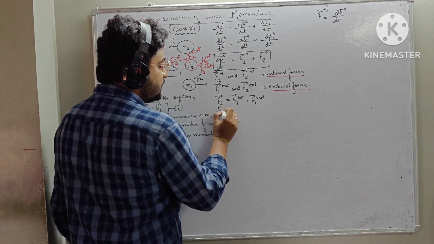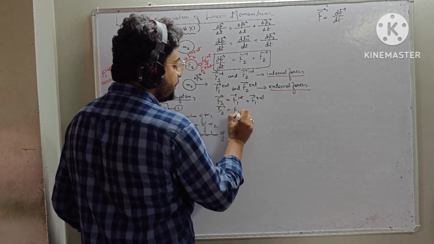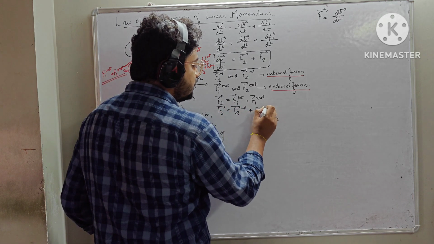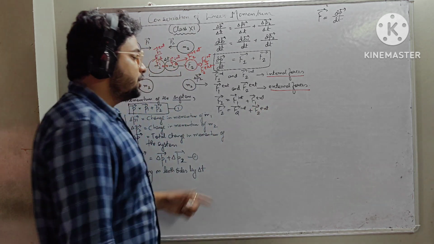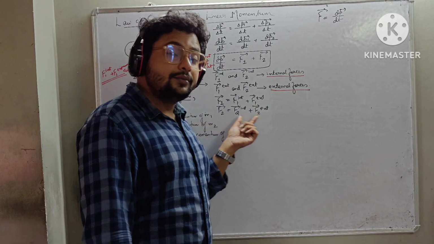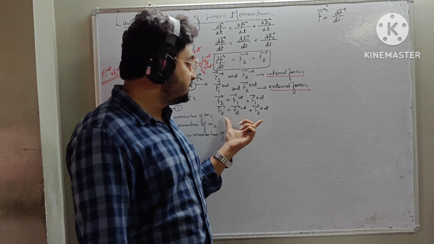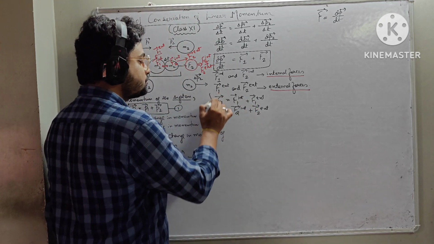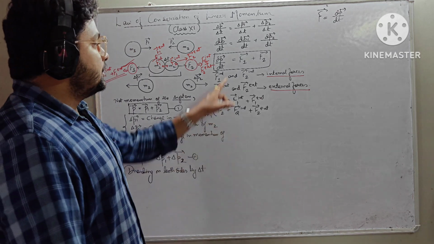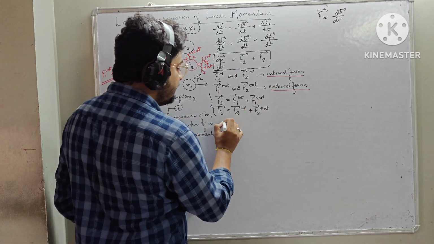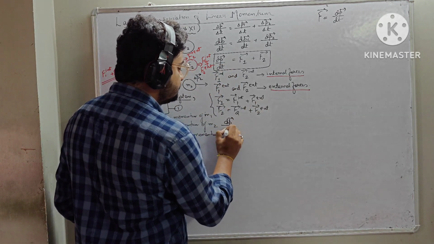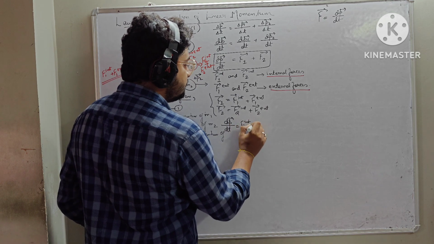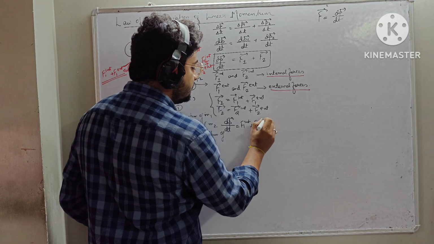Also I can write F2 equals F2 internal plus F2 external. This is the total force which is acting on the body M2. Now we had this equation, so here I can write dp/dt is equal to F1 internal plus F1 external.